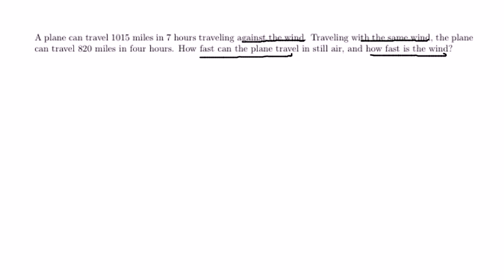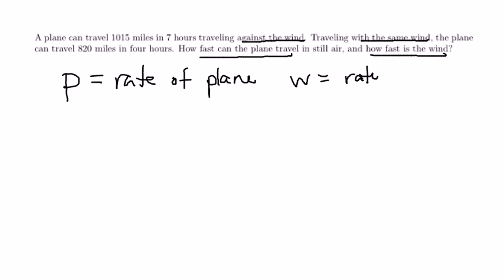So I'm just going to set P as the rate of the plane, and I'm going to set W as the rate of the wind. And the governing equation here is distance equals rate times time.